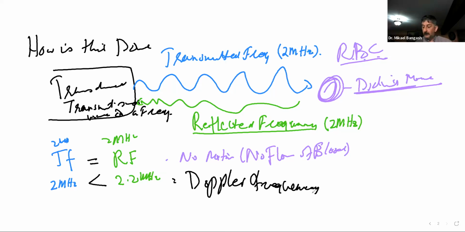We will have what is called a Doppler frequency, and that Doppler frequency is going to be calculated by subtracting the reflected frequency from the transmitted frequency.